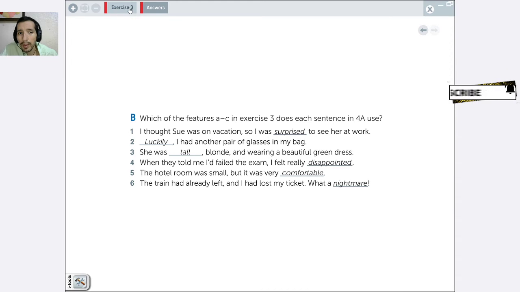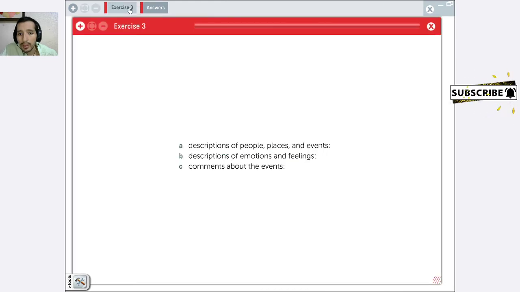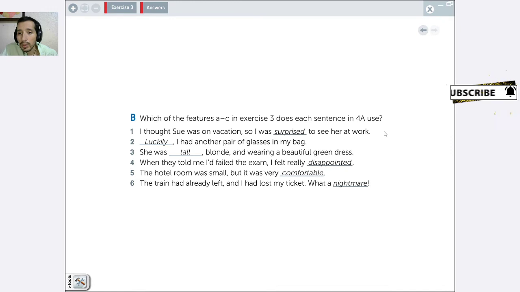If you don't remember exercise 3, here they are. Describing people, describing emotions, comments about events. So on this side, you would have to try to choose correctly if it's A, B, or C. Write it next to each one of the sentences.